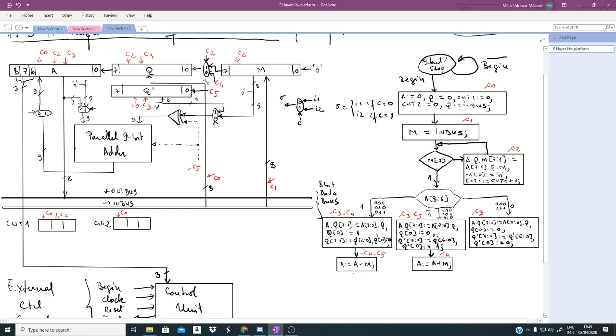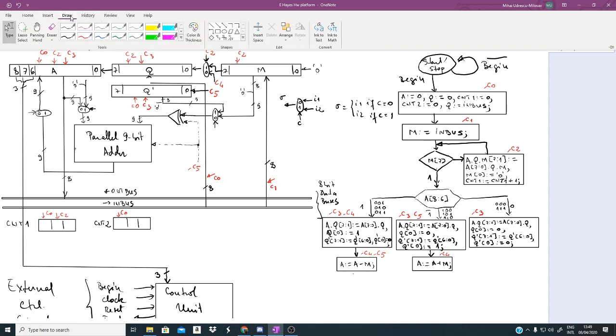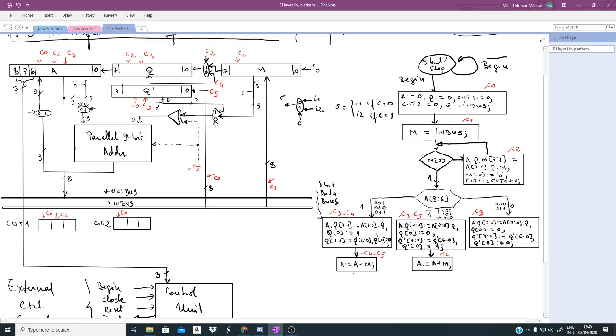And obviously like this. So just a second. I'll finish this, and then that's it for today. But I just want to leave this drawing in a good shape.